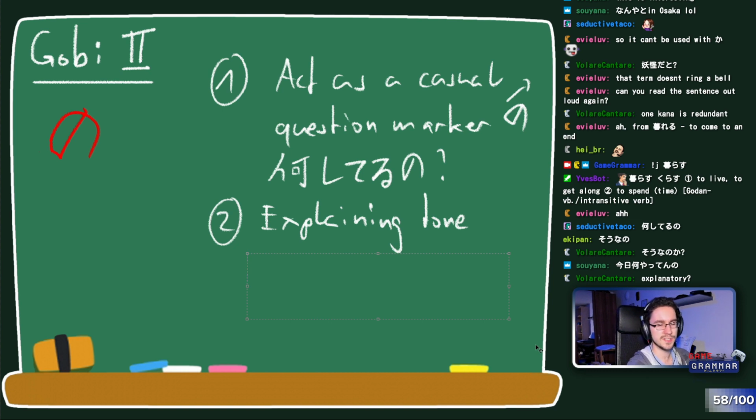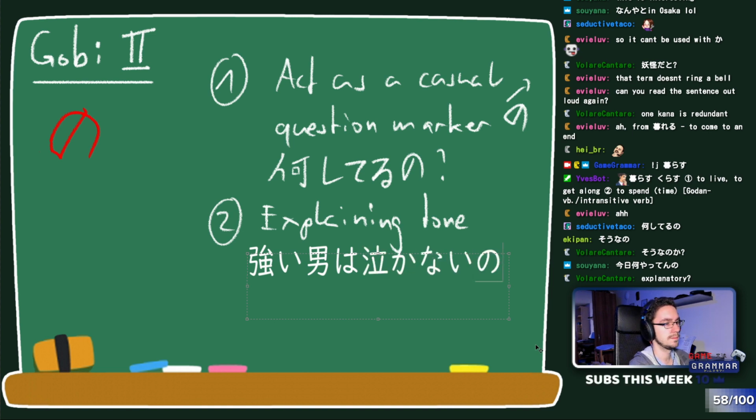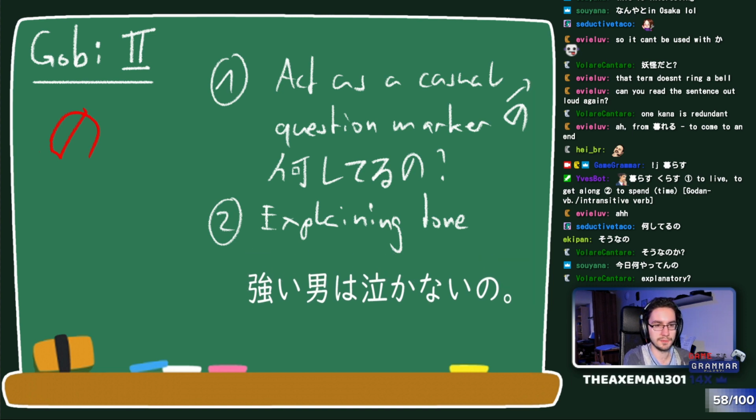I think this sounds feminine mostly because of the meaning of the sentence rather than its gobi connotation. Here would be an example. 強い男は泣かないの。Strong men don't cry. The no here is having this explanatory connotation. It gives the whole sentence this tone that you're explaining a fact to someone, trying to make them understand a truth that you believe in.